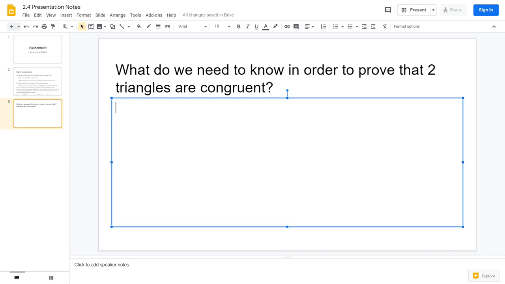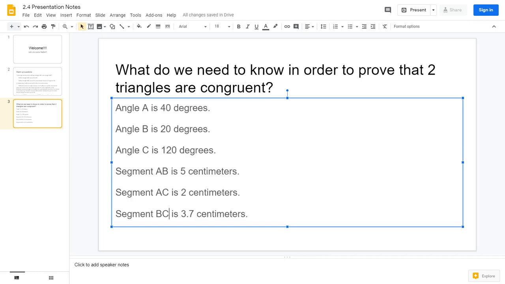Okay. So what we want to do is prove that 2 triangles are congruent. I'm going to give you a bunch of information, and I want you to make this triangle in GeoGebra. This is one triangle, triangle ABC. So I want you to make triangle ABC in GeoGebra with these specific measurements.